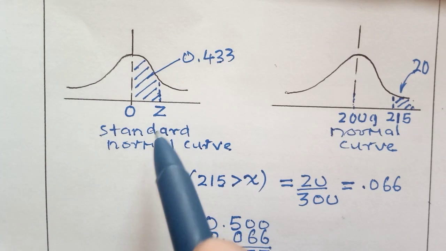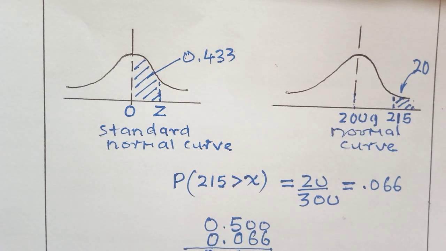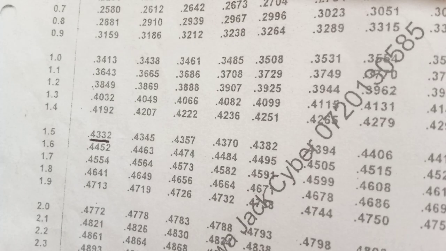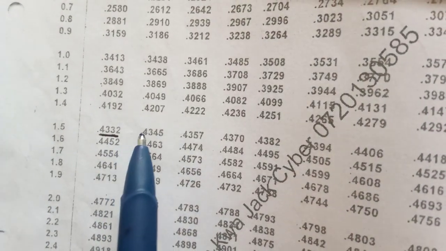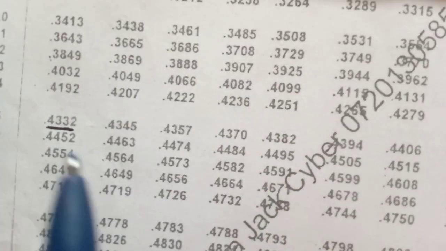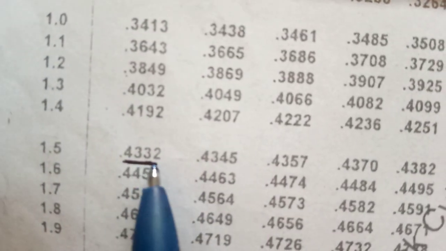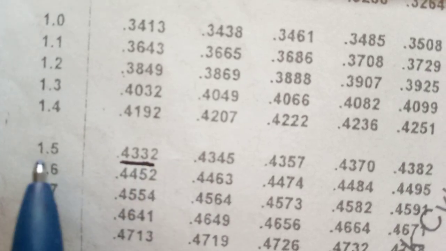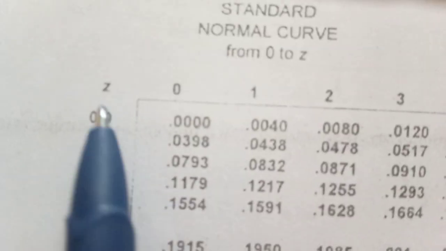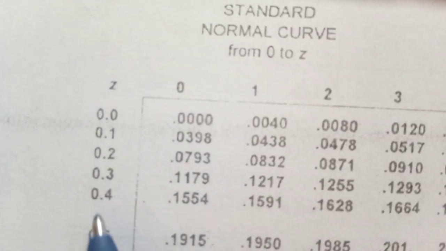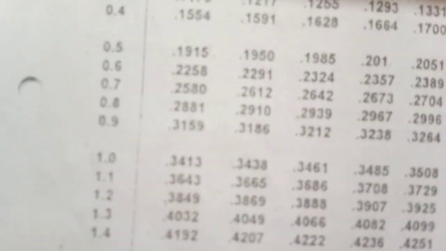So for us to get Z, we need to go to the tables and check the area for 0.433. Guys, this is the table. Here is our 0.433. Z is along the top and side of the table, and the area or probability is inside.